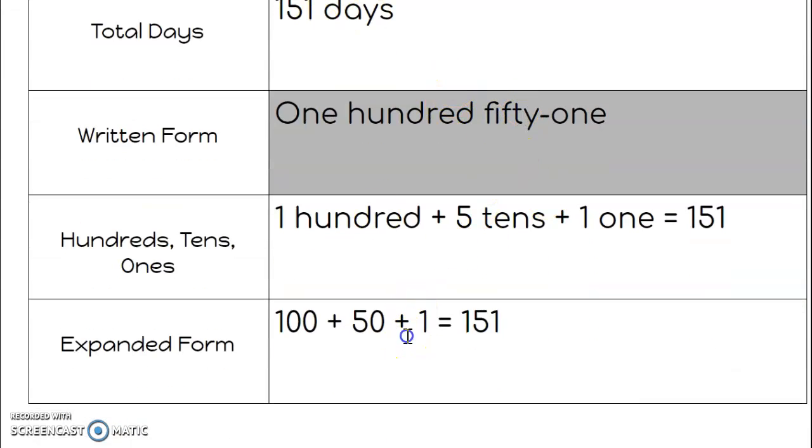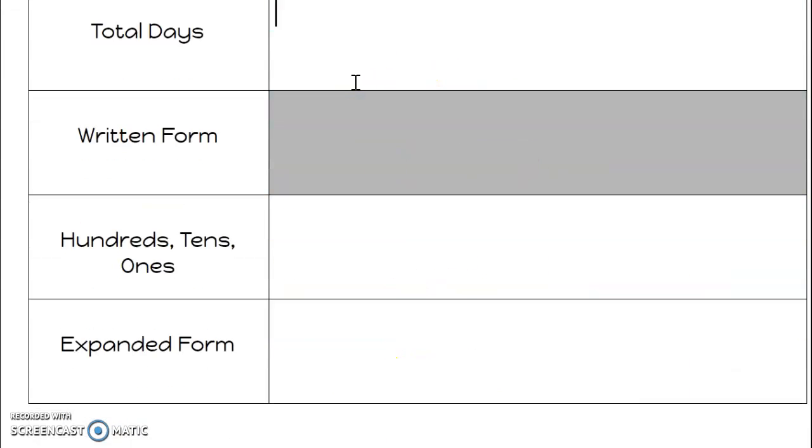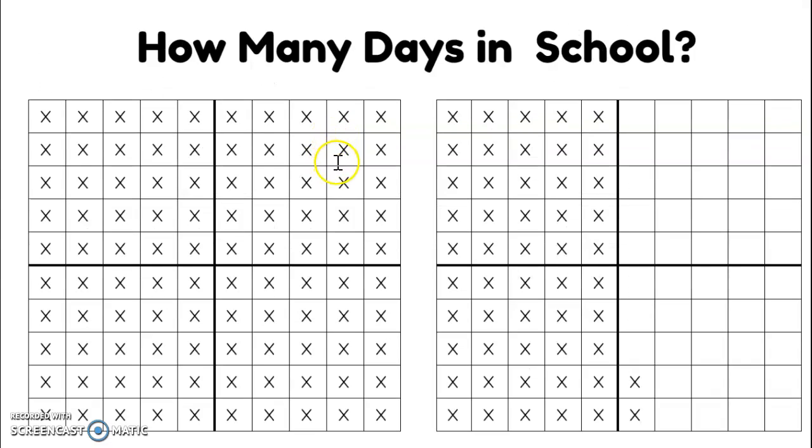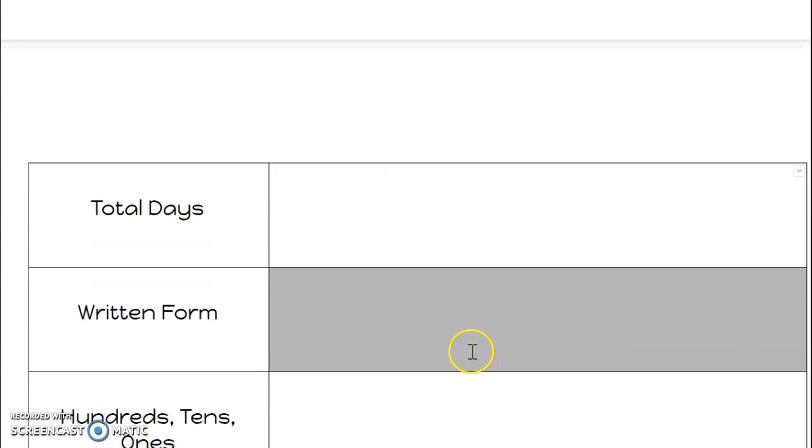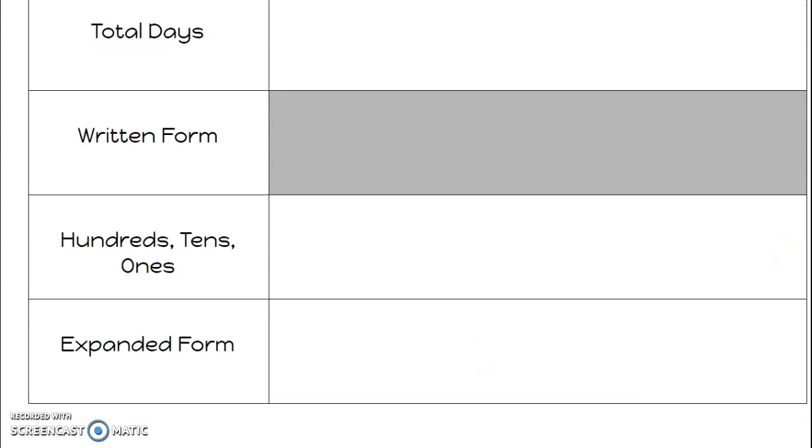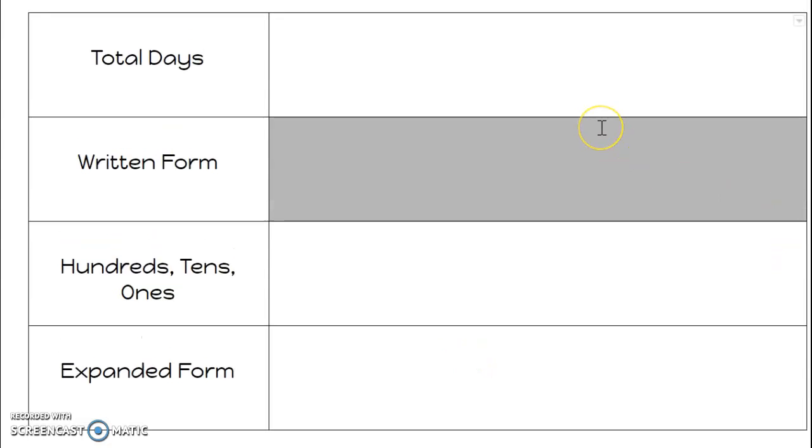So just like we said yesterday, we had 151 days in school. Today we have 152 days in school. You guys are awesome. Oh, we're just going to put days.